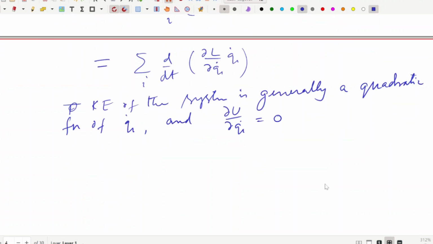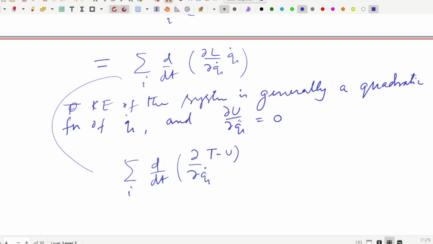So, if your system is conservative and follows these rules, then I can write this expression further as del L/del q_i dot equals T minus U times q_i dot.